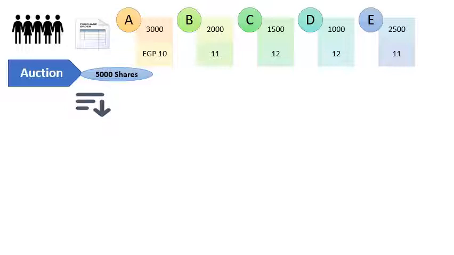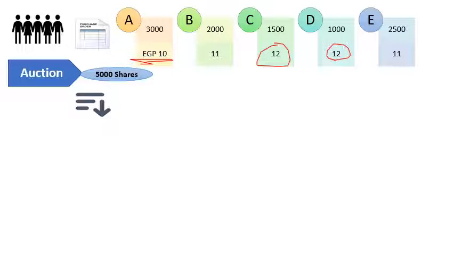So the highest price is 12, and so we have two purchase orders received from two investors who want to buy shares at the highest price. The lowest price is 10. The smallest price limit is 10.